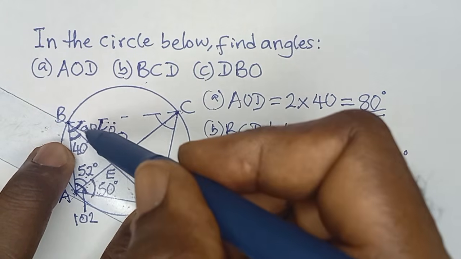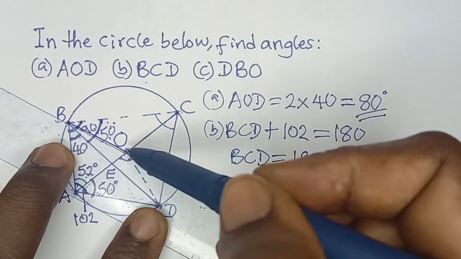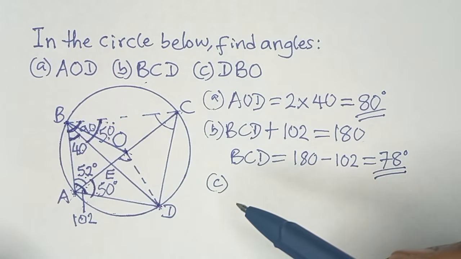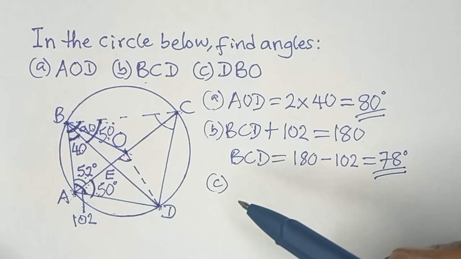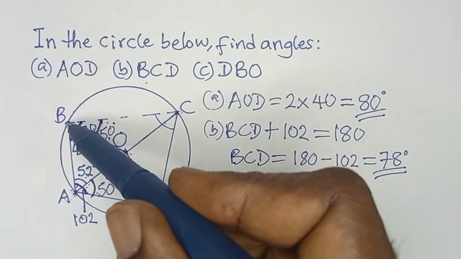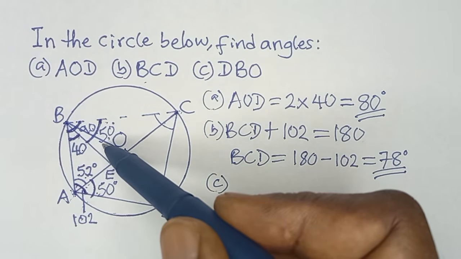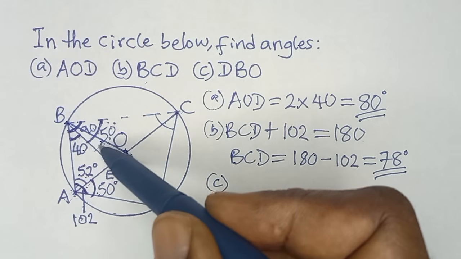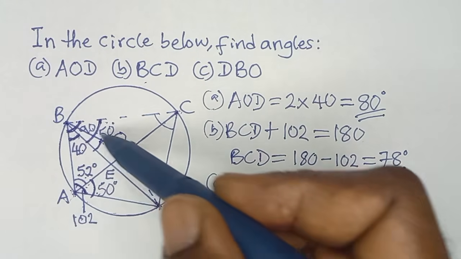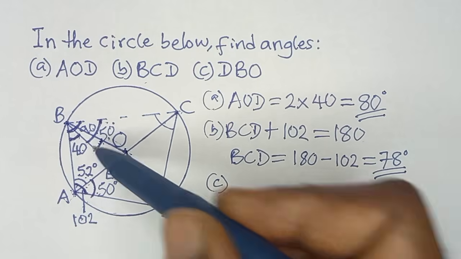Let me draw it bold this time because of what we already have at that point. So now we are looking for angle DBO. That is this angle now. This is the angle that we're looking for.